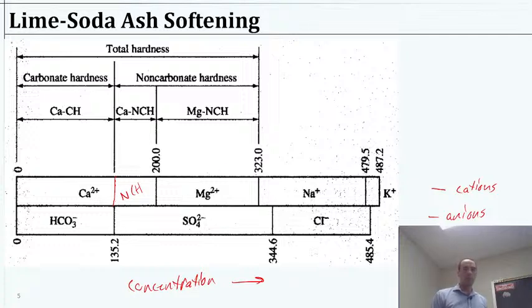Sodium doesn't really relate to the hardness aspect, neither does the sulfate or the chloride. However, we can think for a moment about if this is all the species in our system, we should have charge neutrality, but it looks like we don't, so maybe we'd have to add some OH minus and some H plus here. But if there's that big of a gap, then that should be accommodated by OH minus.